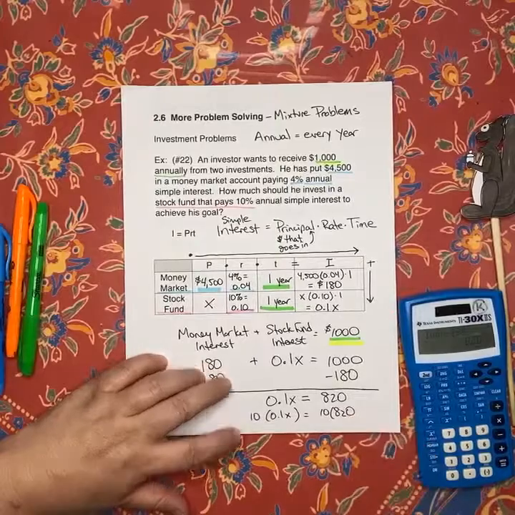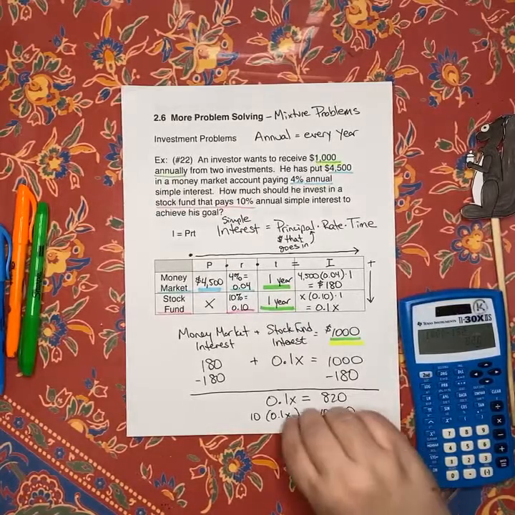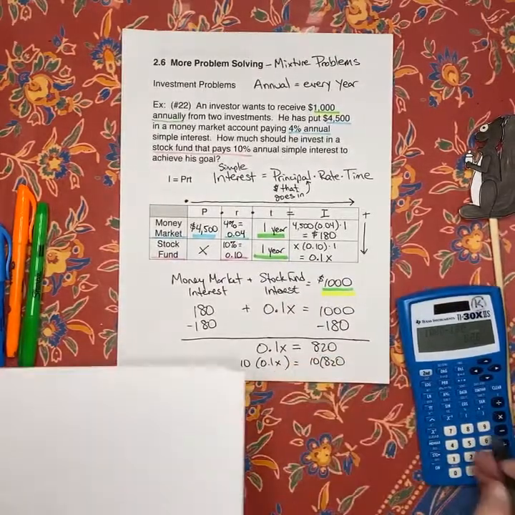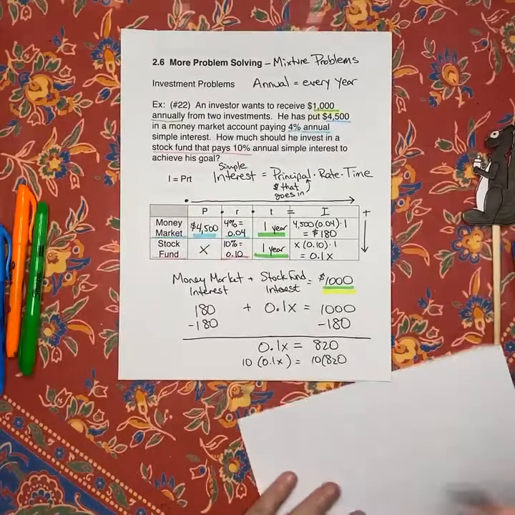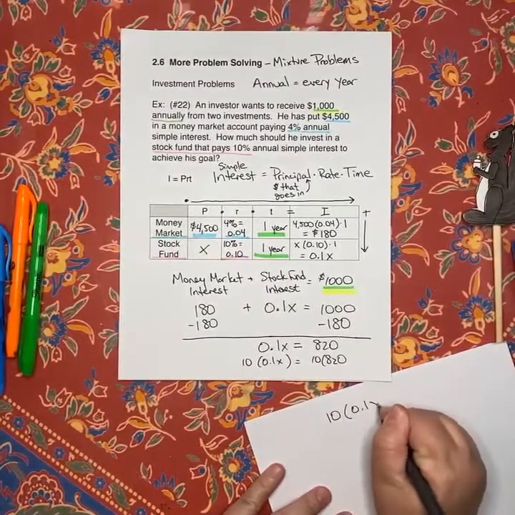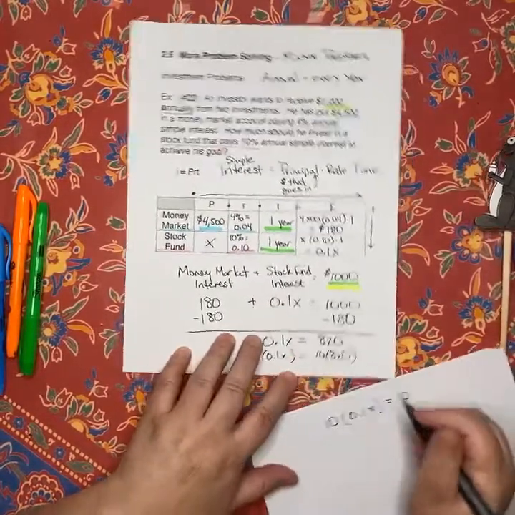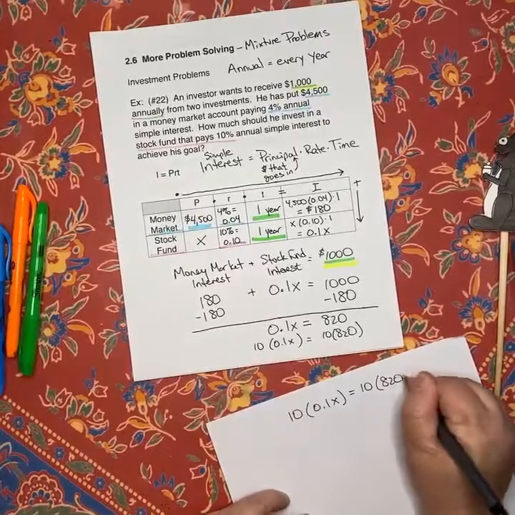And I just want to show you this because I think it's kind of cool. A lot of people always think about dividing and they forget about multiplying. So let me write down exactly what I did here. I had 10 times 0.1x equals 10 times 820.